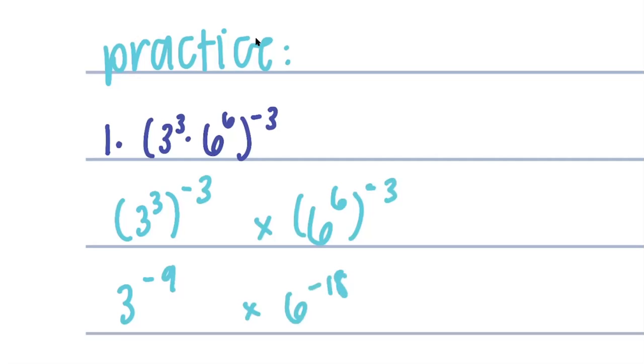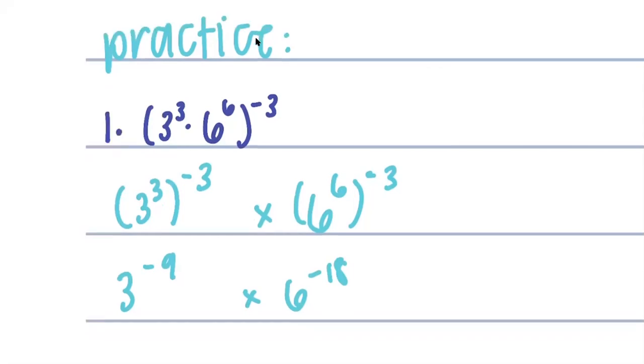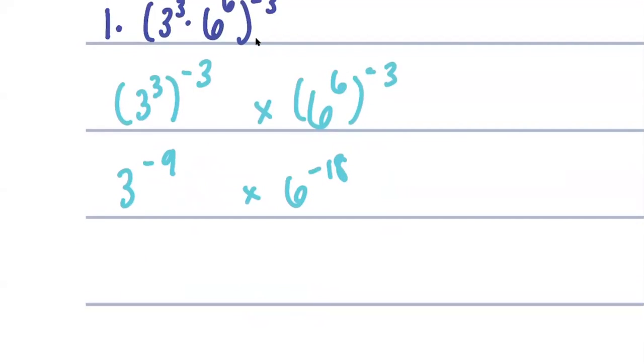Does anyone who simplified it want to explain how they simplified it? Go ahead. Since it's 3 to the power of negative 9, you'd add a 1, so it'd be 1 divided by 3 to the power of 9, times 6 to the power of 18.